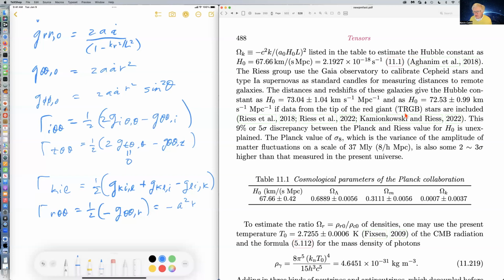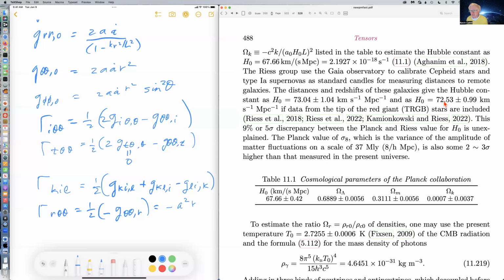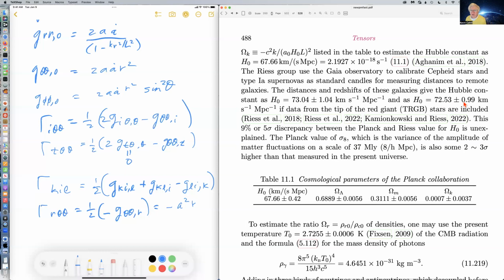Or if they put in these measurements from the tip of the red giant branch, they get, again, 73, but it's 72.53. The uncertainty is of the order of 1. But even though both of these have uncertainties, the uncertainties don't overlap at all. And so we've got something like 5 sigma to be explained.